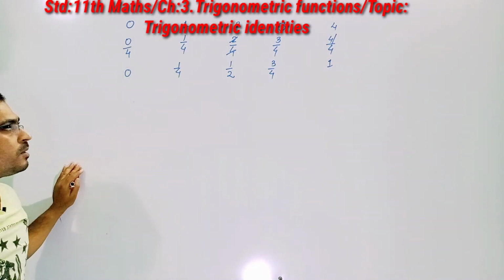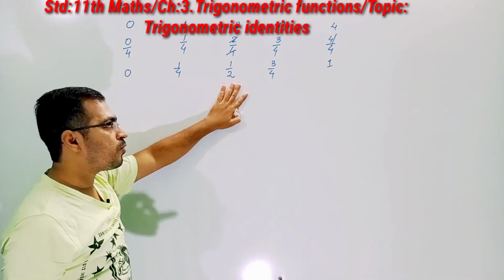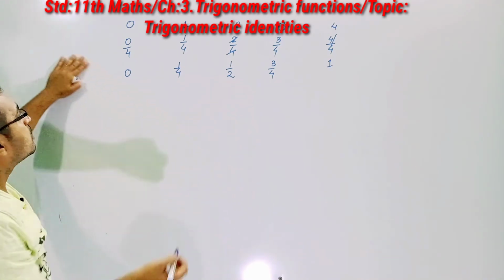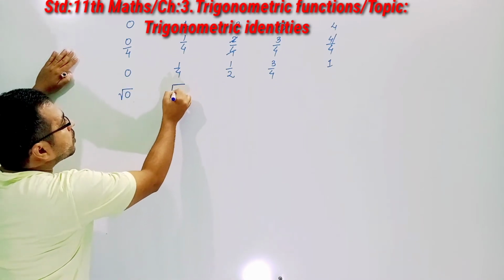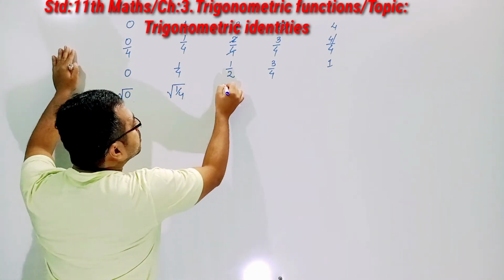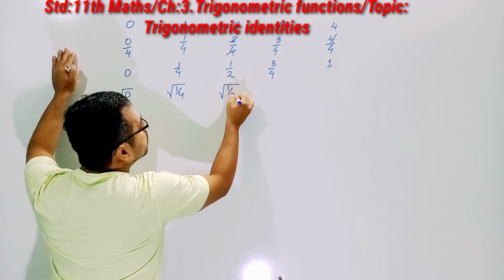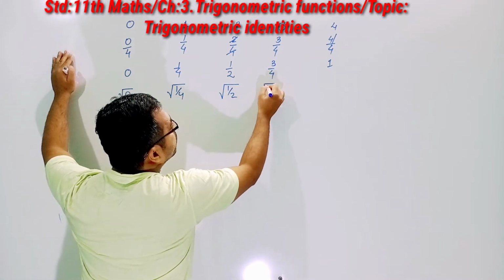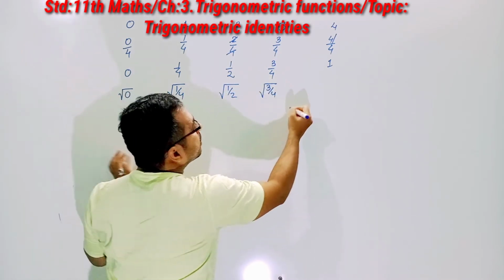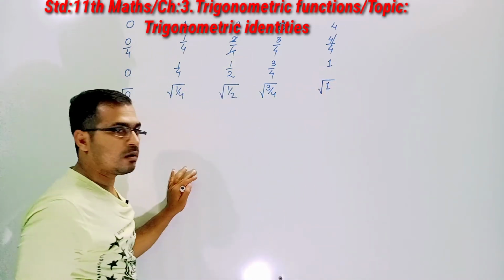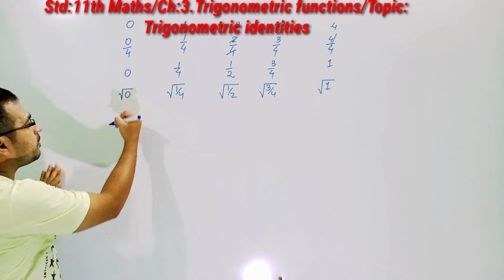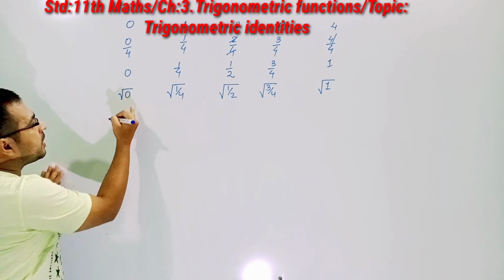Next step, students, find out the square root of all these numbers. So square root of 0, square root of 1 by 4, square root of 1 by 2, square root of 3 by 4, square root of 1. Okay students? So by simplifying these things, what we are getting?